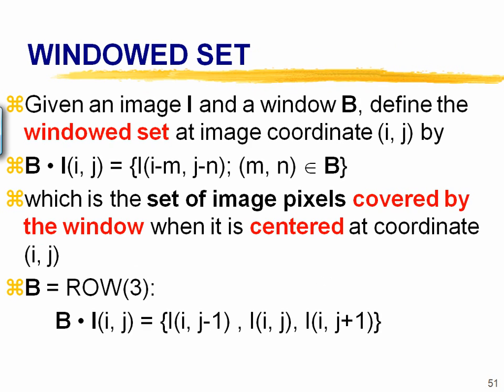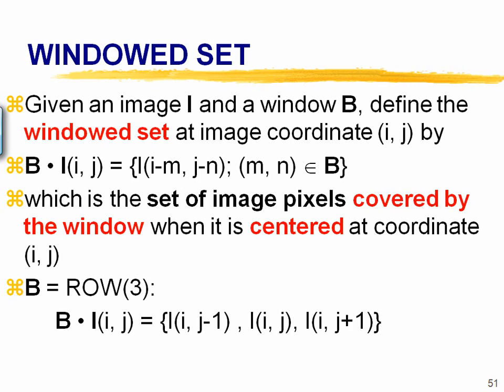All right. So given all of that, if I had to perform a windowed operation, first I need to create a windowed set. A windowed set is nothing but a limited number of pixel values that I'm going to include, on which I can perform a particular binary operation or any logical operation for that matter.